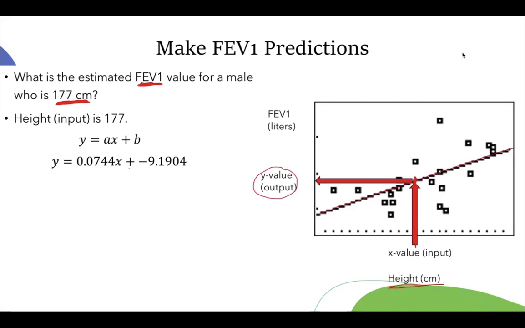So we're going to take our value of x and change it to 177, which means that this piece of the equation is going to involve multiplication. So we're going to be multiplying 0.0744 by 177, and then add a negative 9.1904. So we're going to get this answer. I'm going to jump to the calculator and show you what it is.